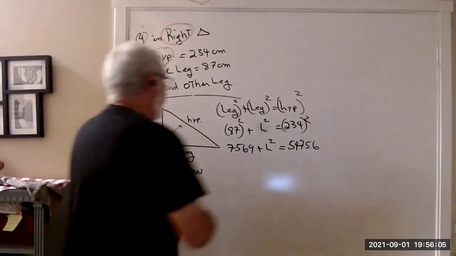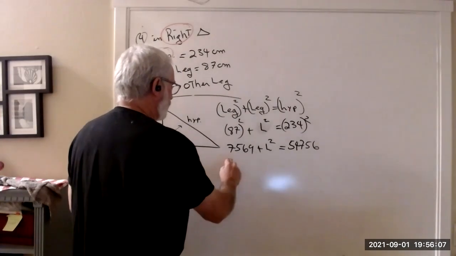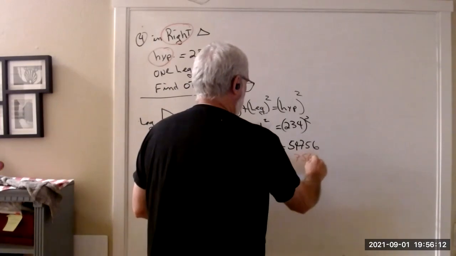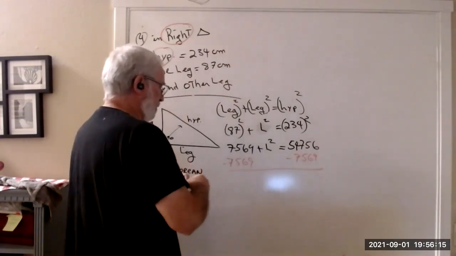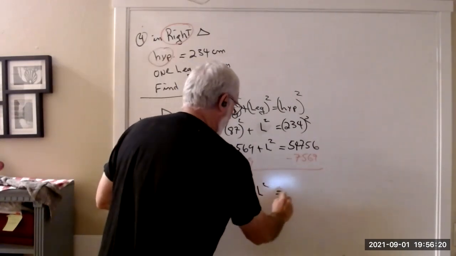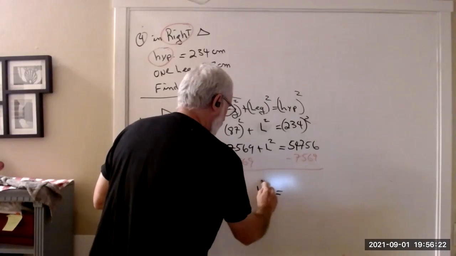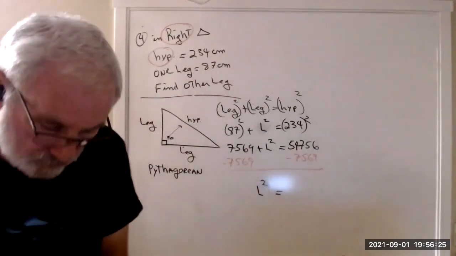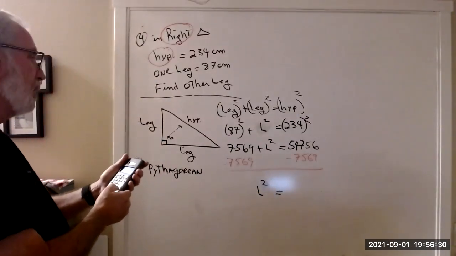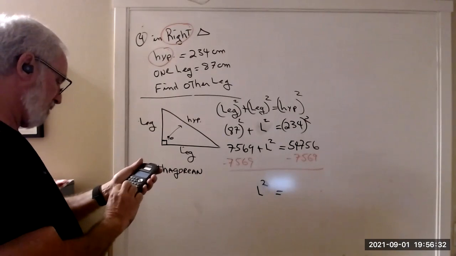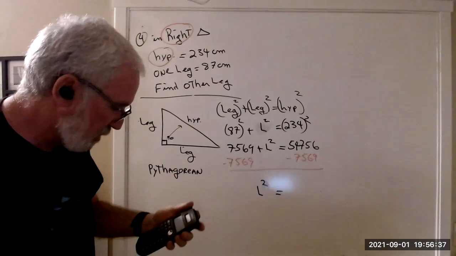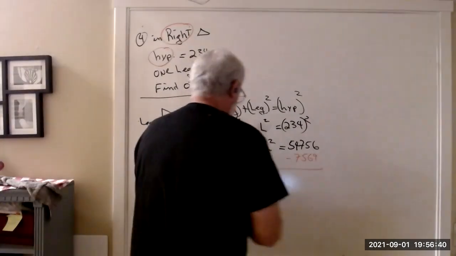Algebraically, we would take away 7,569 from both sides. Thank God we have a calculator. So I get L squared equals this minus 7,569, and I get 47,187.